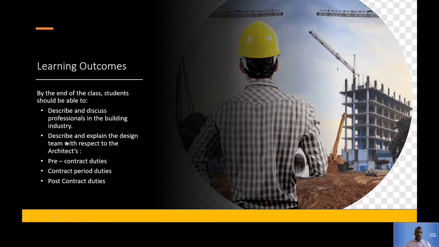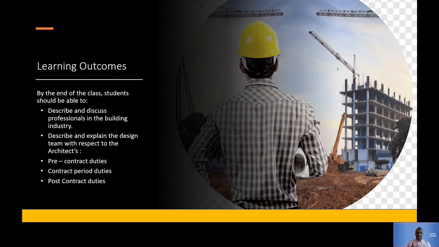We're going to also learn how to describe and explain the design team with respect to the architect's pre-contract, contract, and post-contract duties. Now, what are those? Let's start with contract. Contract means the actual building phase, when the actual building is being built on site.